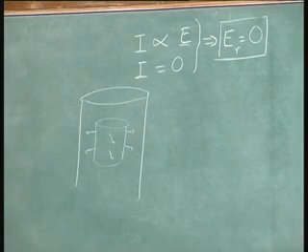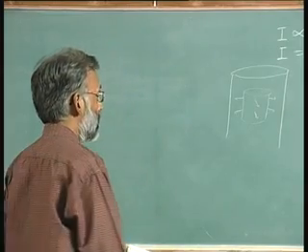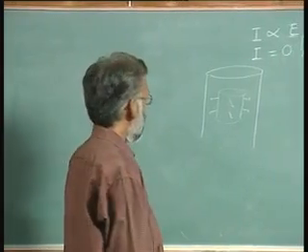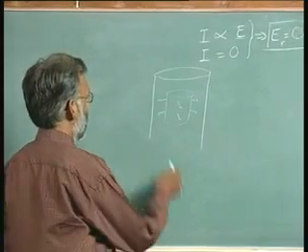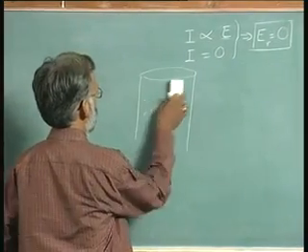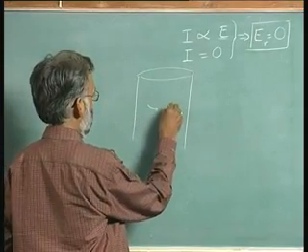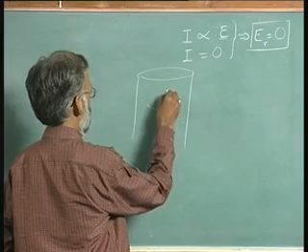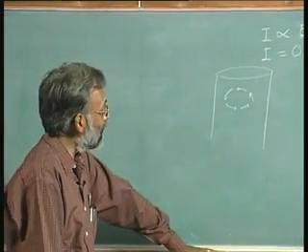I mean, you learnt it in school, you learnt it in, I am sure, your physics 2, and you are learning it again. And it is not quite true. For example, why can't I have a current that looks like this? Why can't I have a circulating current?